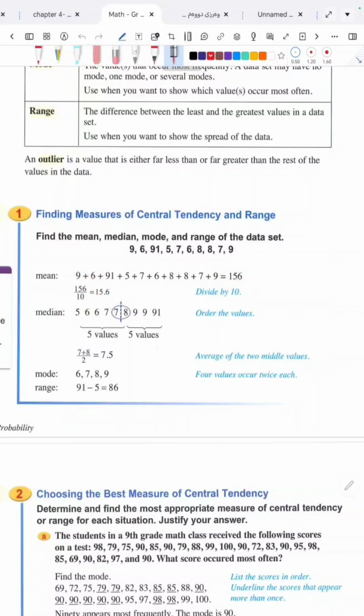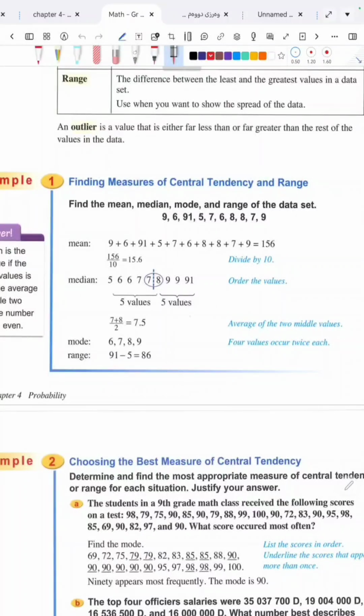For the median, as I told you, order them from least to greatest. Now we have 2 medians, 7 and 8. Can I write the median as 7 and 8? No, of course. Add them, then divide by 2. 7 and 8 equals 15, divided by 2 equals 7.5.